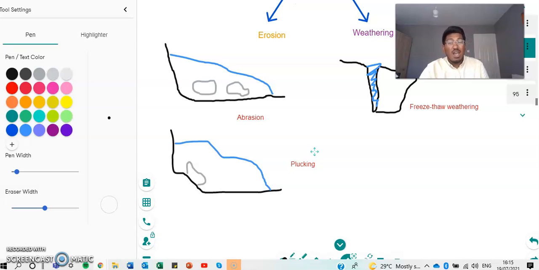That's because the ice has made a nice seal around the rock or the pebble and has made it a lot harder to take it out. And this is the same principle in plucking.